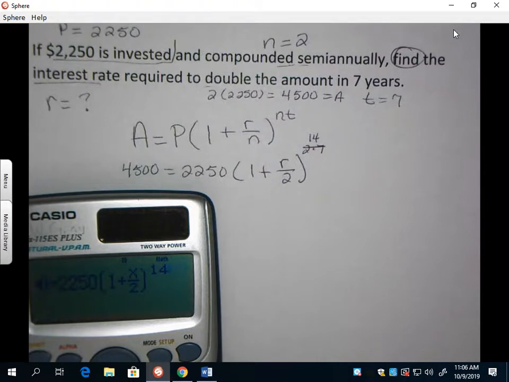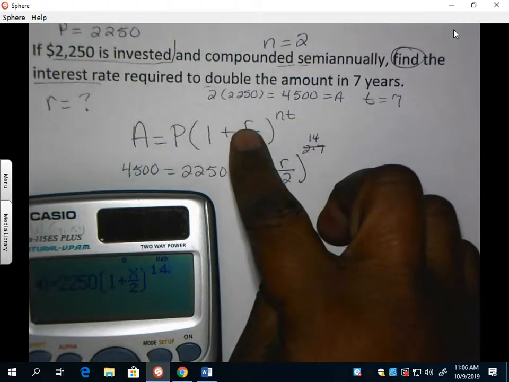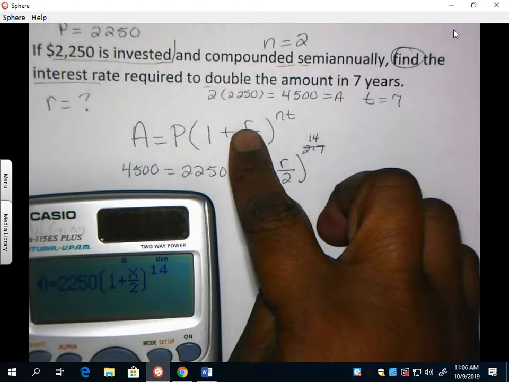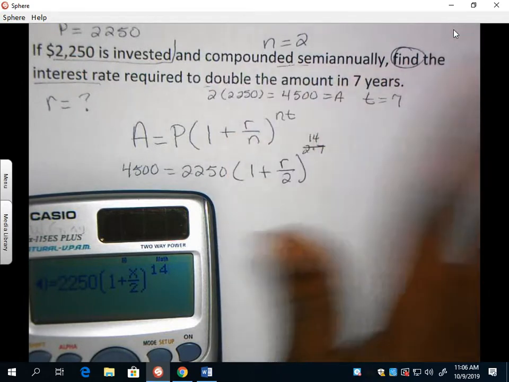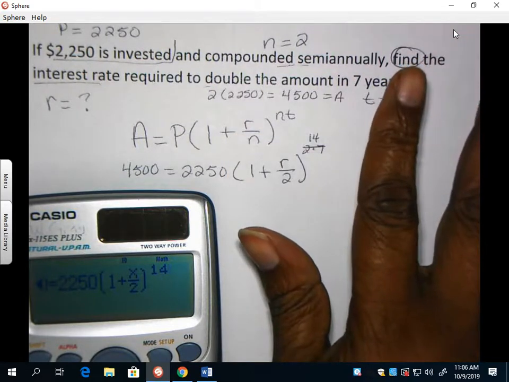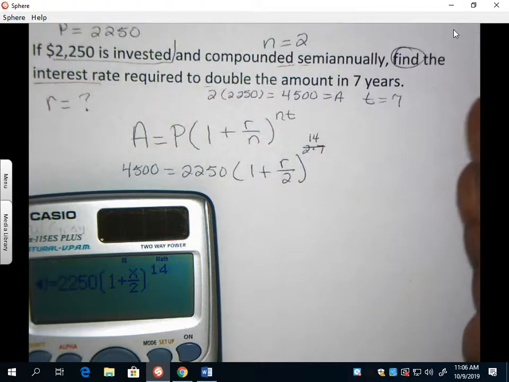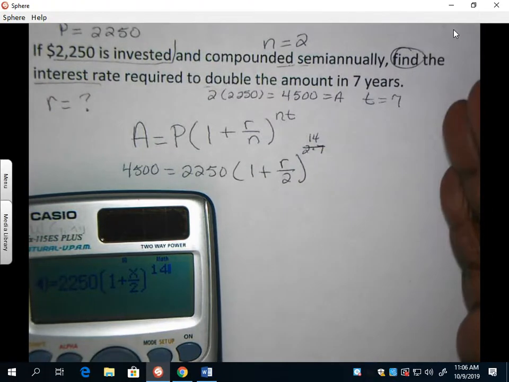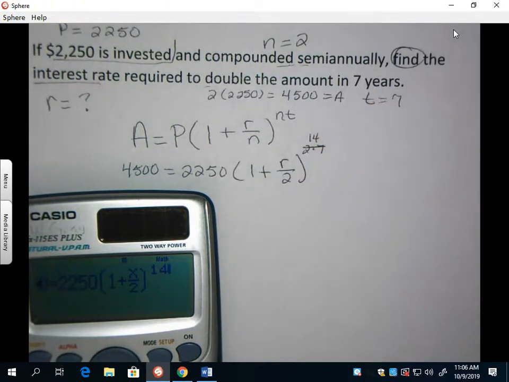Now we know that the interest rate as a decimal will be most of the time less than 1, okay? Because if it's 1, it's 100%. So when we do our answer choices, we're going to use a decimal to help us with this answer.